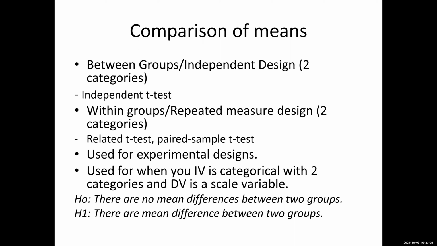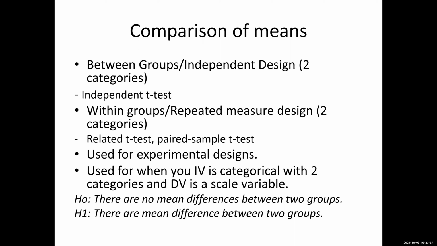Then you can run a t-test to see whether there are any significant differences on your variable of interest, which might be health or getting COVID or not, across these two groups, the control group and the group which got the vaccine. This is how we use the t-test for experimental design.